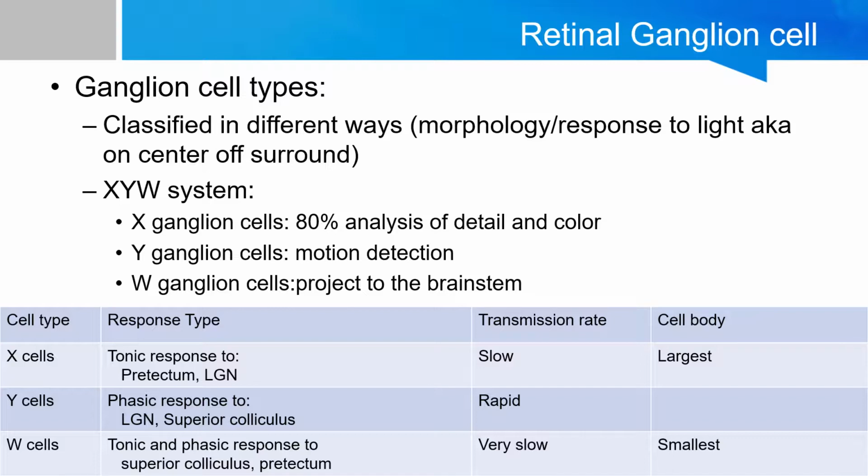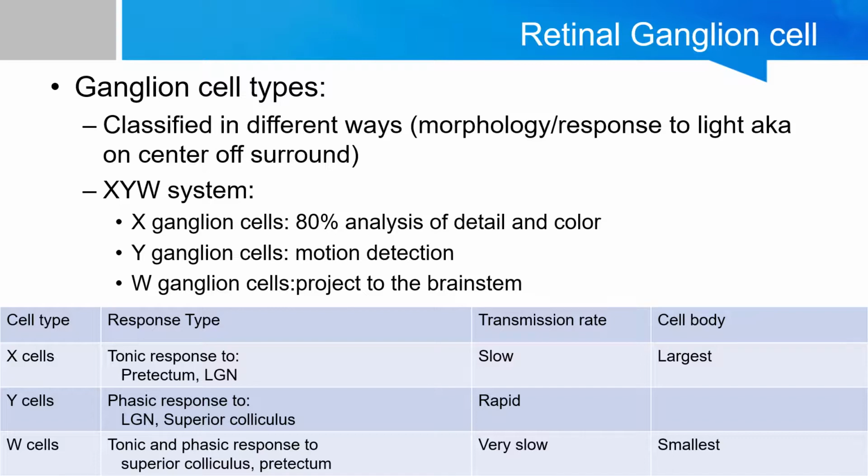So each of these ganglion cells will project only to 2 places, but there are 3 places to project to in total, and so they have to play a little bit of a musical chair. In the case of W ganglion cells, we know that it projects to the brain stem, and therefore it has to project to superior colliculus and the pretectum because of their location.